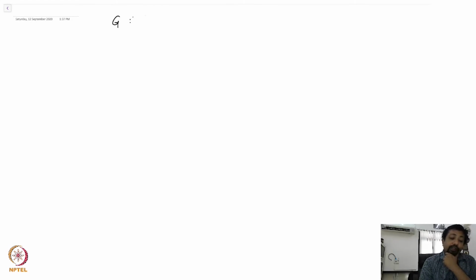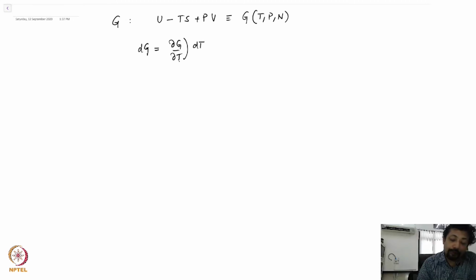G we constructed by replacing both the entropy as well as the volume, so that this was G, which was a function of T, P and N. And if I do it, dG is del G del T dT, I'm not going to write what is being held constant because now I know that you have a grasp of what should be held constant, dP plus del G del N dN.